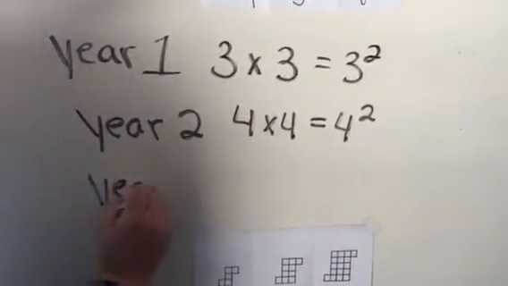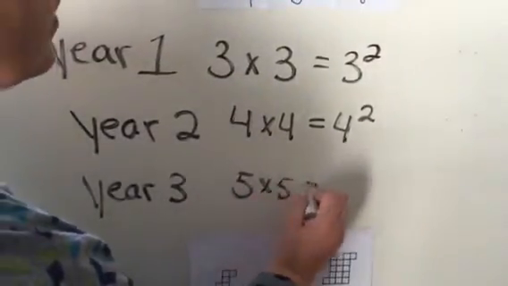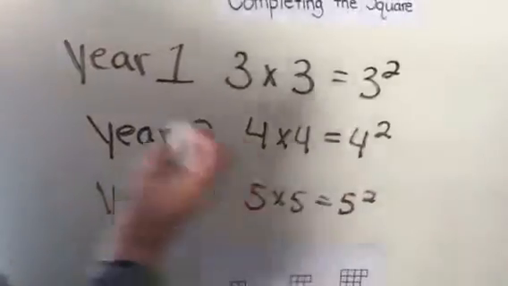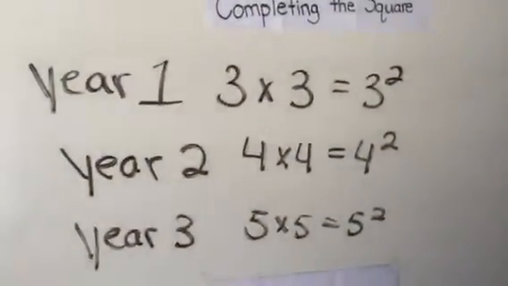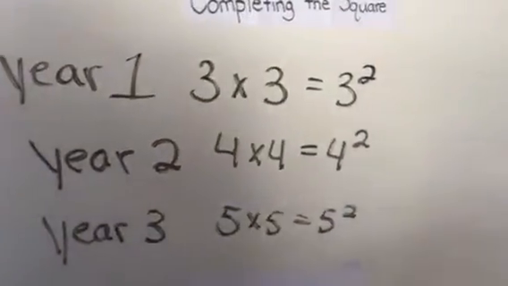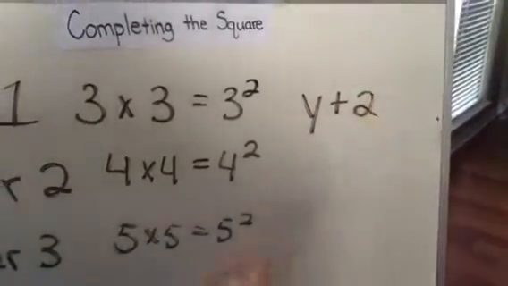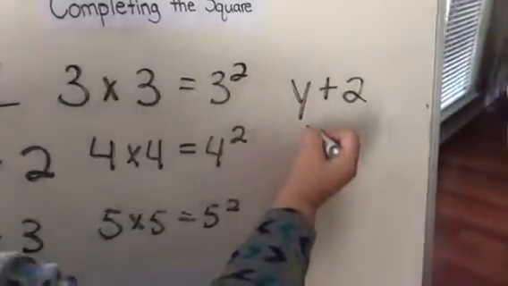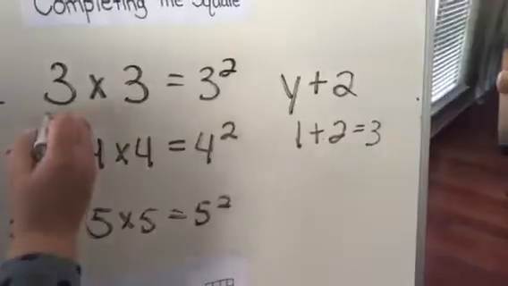Year 3, the square is a 5 by 5 square, or 5 squared. The relationship between the year and the number of feet on each side for year 1 is y plus 2, where y is the year, or 1 plus 2, which equals 3.